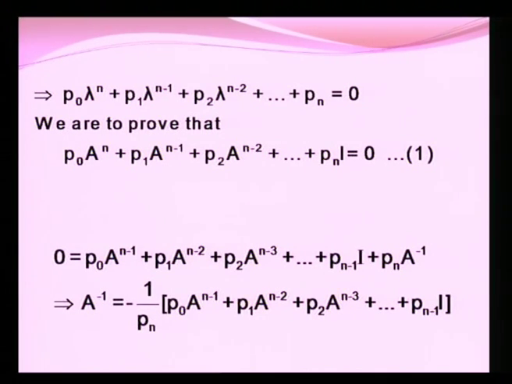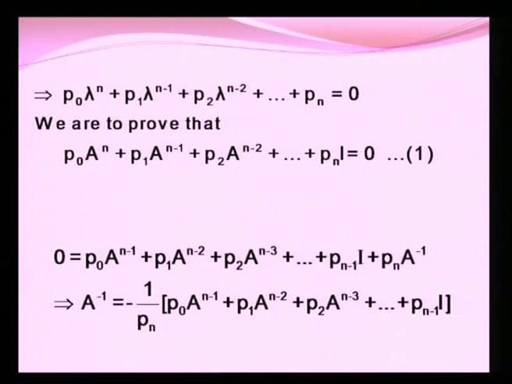That is the characteristic equation for the matrix A. By the statement of the Cayley-Hamilton theorem, matrix A will satisfy this characteristic equation. If we replace lambda by A, then we get p0 A raised to n plus p1 A raised to n minus 1 plus p2 A raised to n minus 2 plus up to plus pn into I, the identity matrix, is equal to 0. So this is the idea of the Cayley-Hamilton theorem.